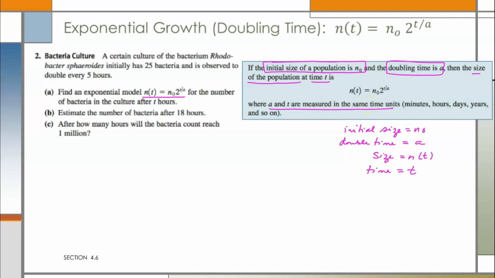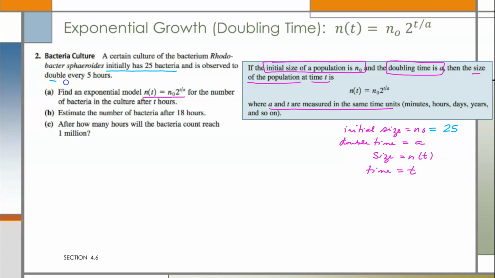Okay, so now that we understand what our variables represent, let's go back and see if we could plug in some numbers. A certain culture of bacterium has an initial 25 bacteria. Initial, that must be n sub 0. So we're going to plug in 25 for n sub 0.